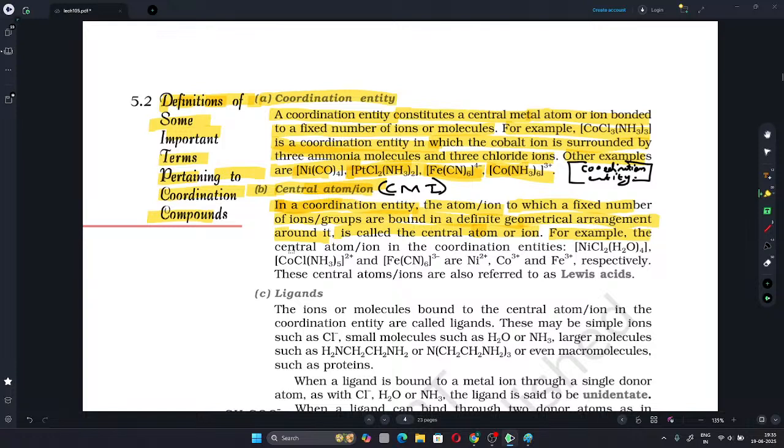For example, the central atoms in the coordination entities are nickel 2 plus, cobalt 3 plus, and ferric ions respectively. These central ions are referred to as Lewis acids. Lewis acids accept electrons, and Lewis bases donate electrons.